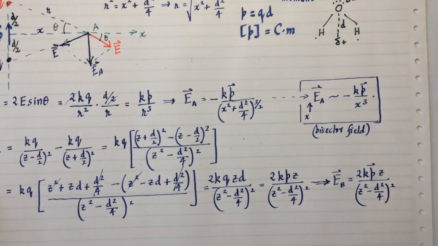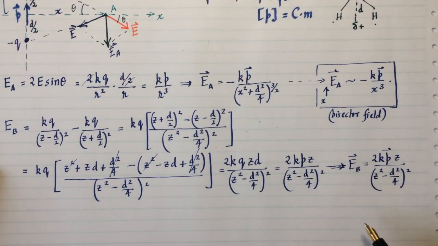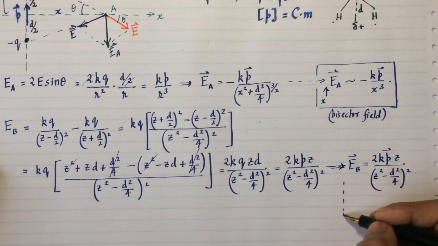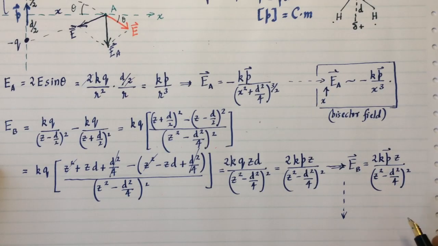Now that's fine and good, but we also want to look at the asymptotics. So let's look at the asymptotics. What happens when Z becomes very big? By the same reasoning as that, you can neglect this D squared over 4 term when you go really far out. So I'm going to end up getting the asymptotic limit.